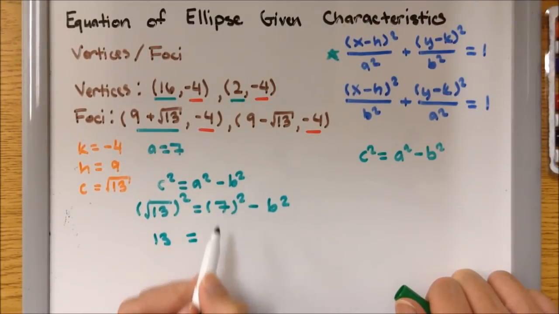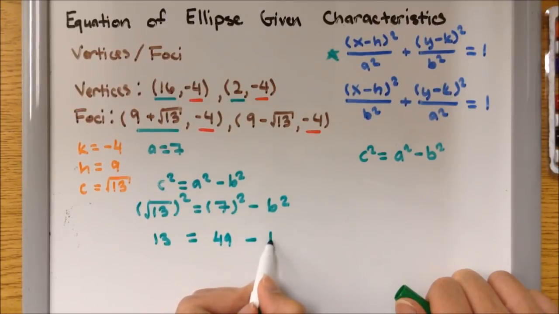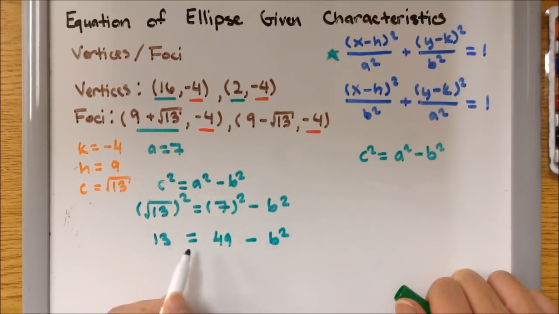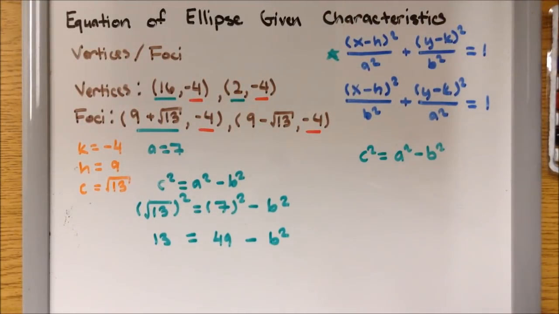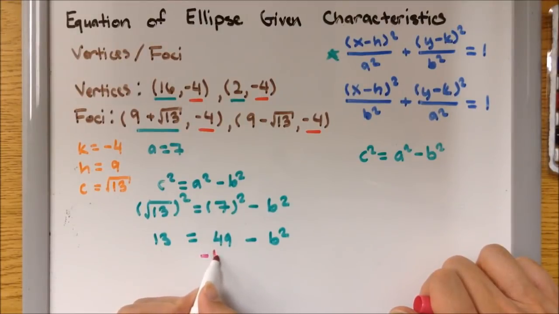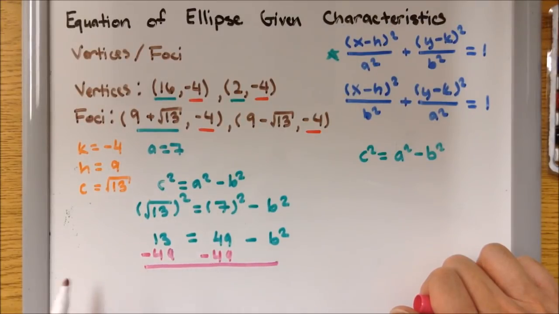The square of 7 is 49, minus b squared. So I'm going to subtract 49 to get b squared by itself. 13 minus 49 becomes -36, equal to -b squared.